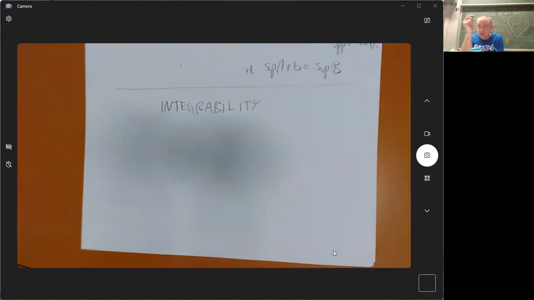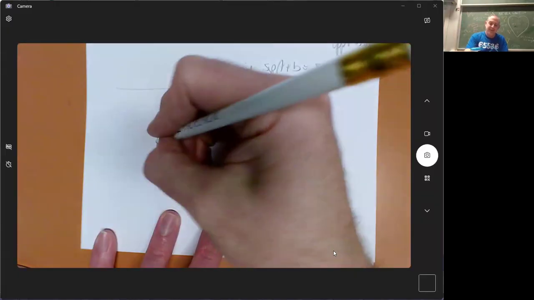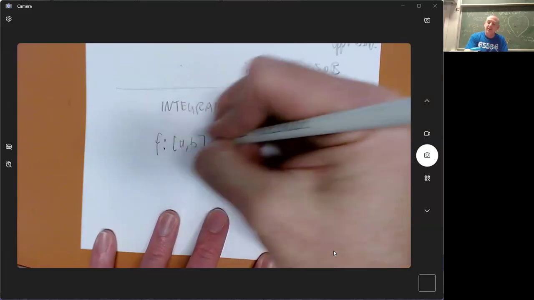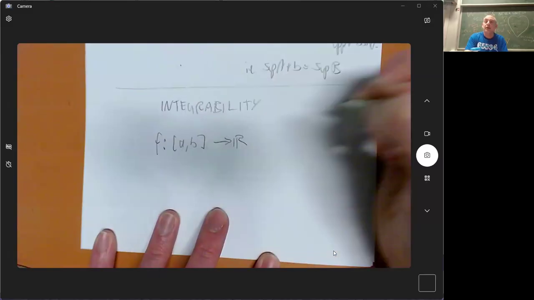So let me see. You need to help me come up with the definition of integrable, and you need to try to do it without looking it up first, because in your exam, you're going to have to try to do it without looking it up first. So f, and you do it with something that sends an interval to R, is that right?